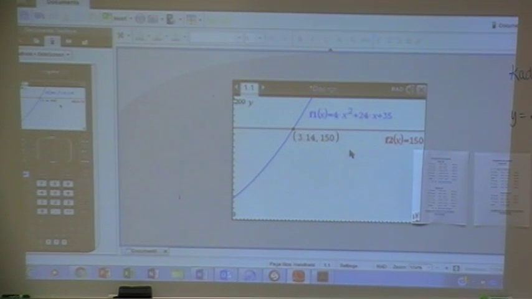It's pi. Then they said sketch it over a reasonable domain. This is a pretty reasonable domain. From 0 to 10 is fine for your domain.